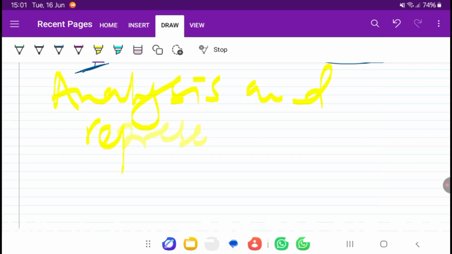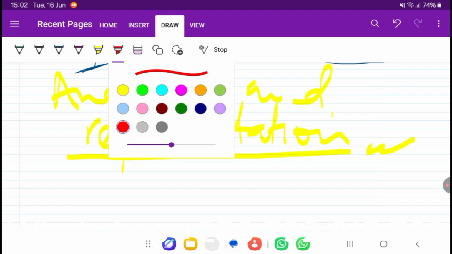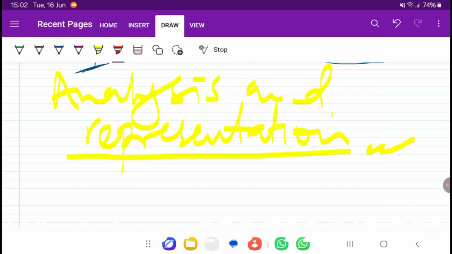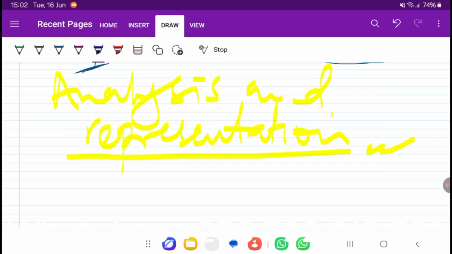How can we represent data that is discrete?